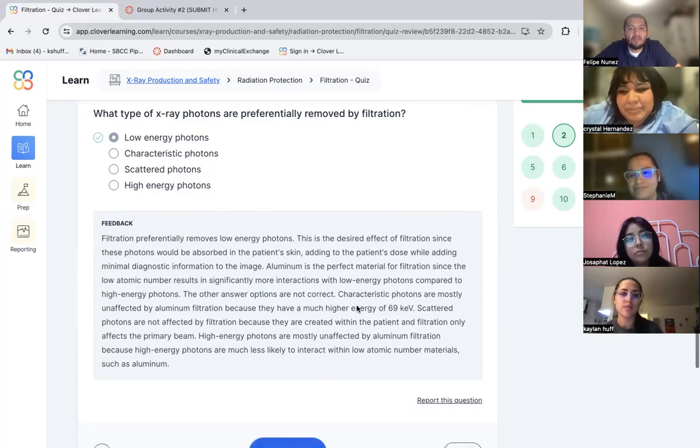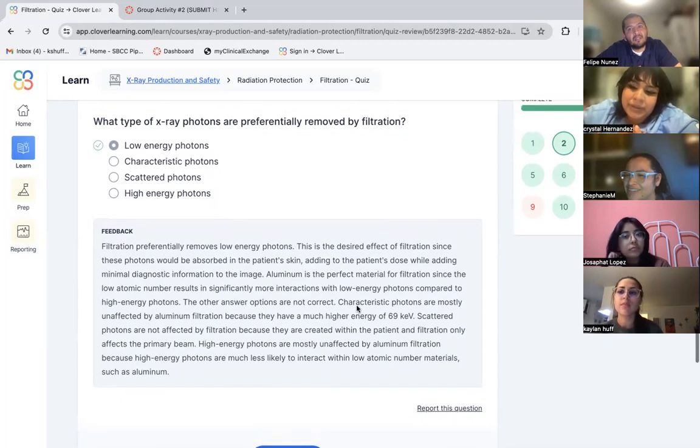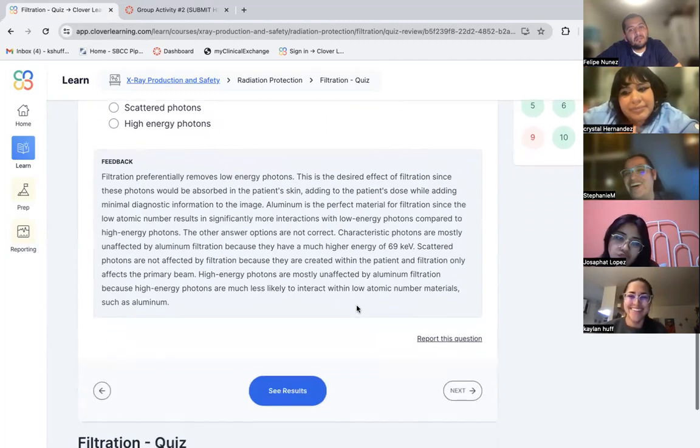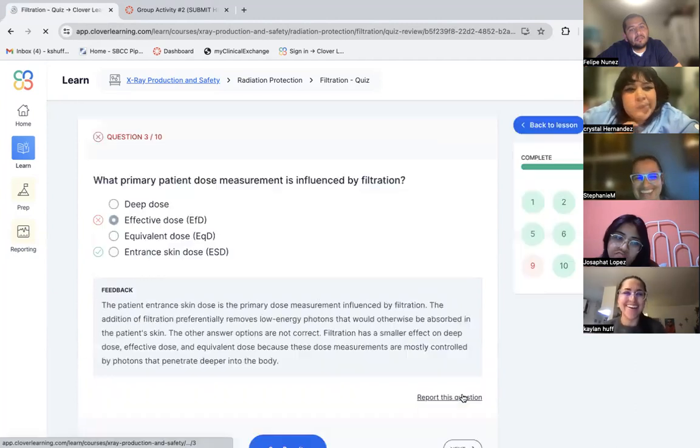I thought Bremsstrahlung was the lower energy. Yeah, Brem is the lower energy. I think characteristic is the stronger energy. Really? So I think it was the reverse. If it was that, it would be Bremsstrahlung, and then maybe it would be right in this question. I'm just guessing, I don't know. You got it right, so okay.